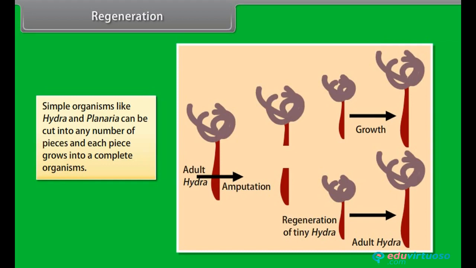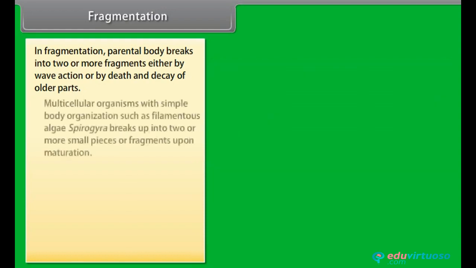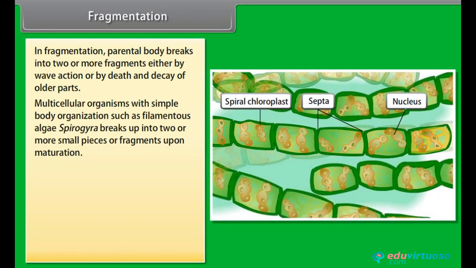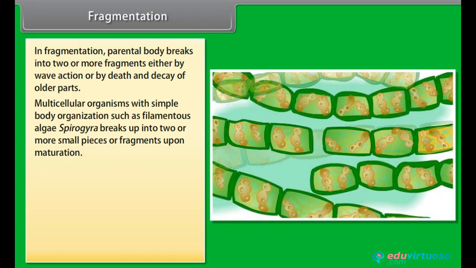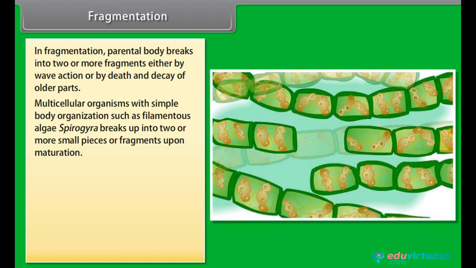complete organism. Fragmentation. In fragmentation, parental body breaks into two or more fragments, either by wave action or by death or decay of older parts. Multicellular organisms with simple body organizations such as filamentous algae Spirogyra breaks up into two or more small pieces or fragments upon maturation.